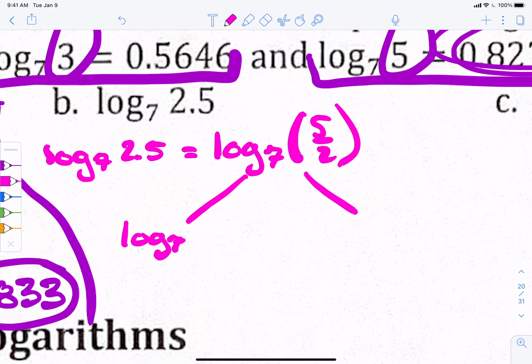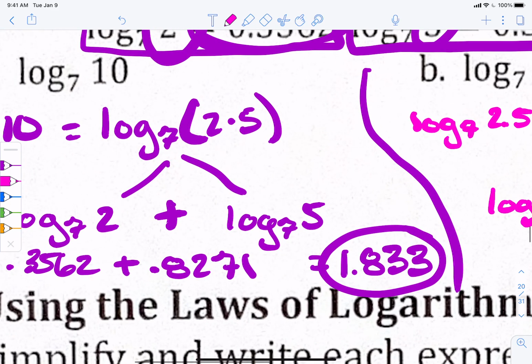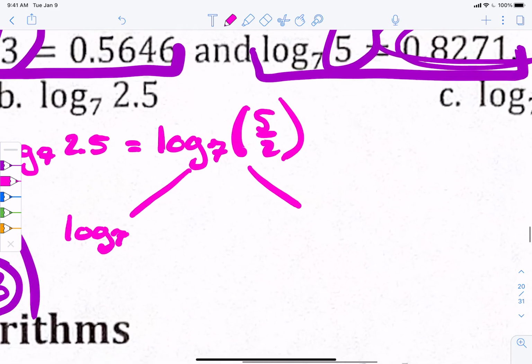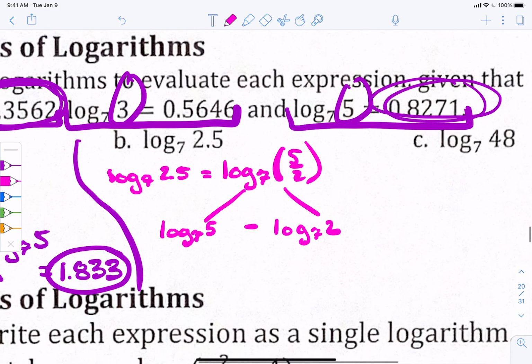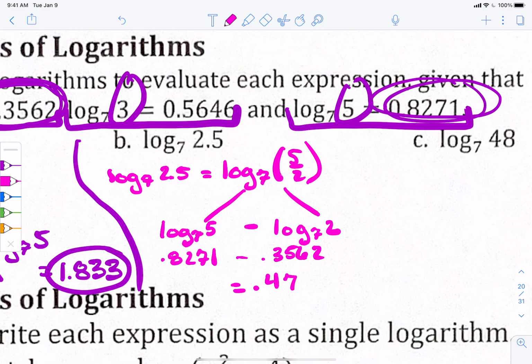When you are multiplying, it doesn't matter if I take 5 times 2 versus 2 times 5, but in this case, I have to have the 5 first, because when you're subtracting, it does matter what order you subtract them in. Log base 7 of 5 is 0.8271 minus 0.3562, and that is 0.4709.